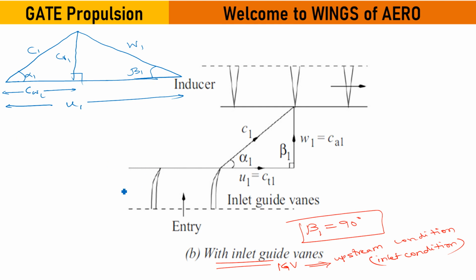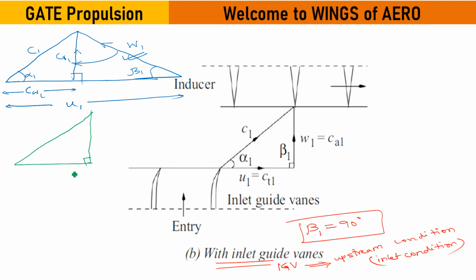Now with the inlet guide vane, the beta 1 is given as 90 degree. That means this W1 velocity line is going to transform over here. So it will become like this.